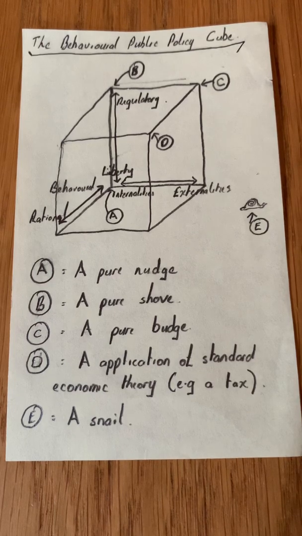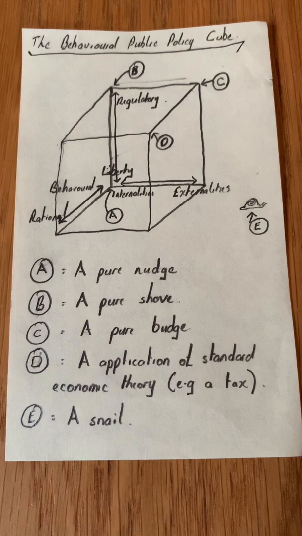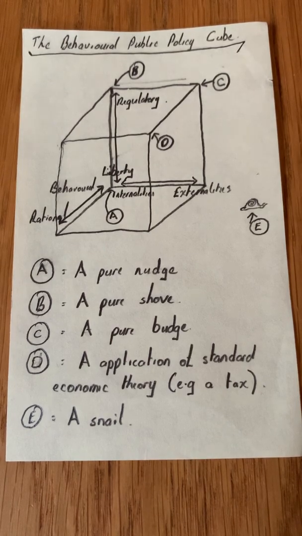How much they use rational choice theory or they do indeed use behavioural science or behavioural economics to inform the design of their policy. And you can place them all within the cube to get a sense of what your government is doing in this space.